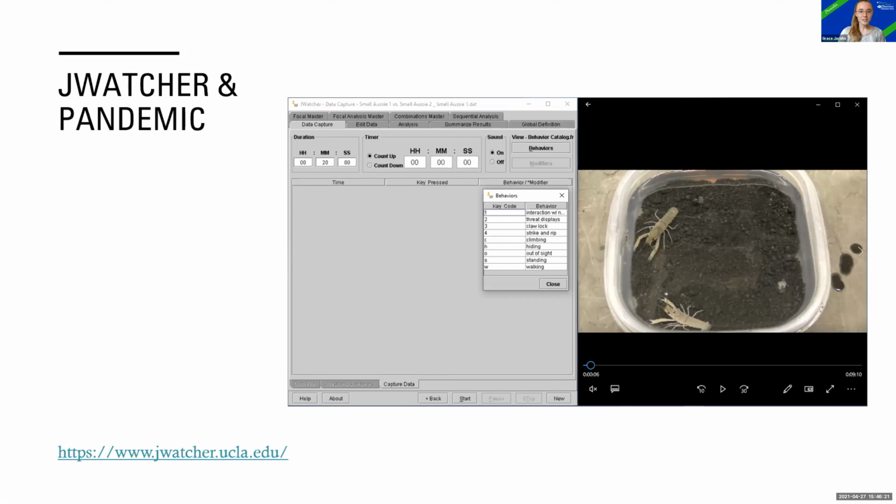The program that I use to track all that scoring and keep everything neat and tidy is called JWatcher. It is a quantitative analysis tool put out by UCLA, and I've linked it here if anyone's interested. It can be freely downloaded off their website, and it really enabled my scoring process to be much easier than doing everything by hand, much more precise.